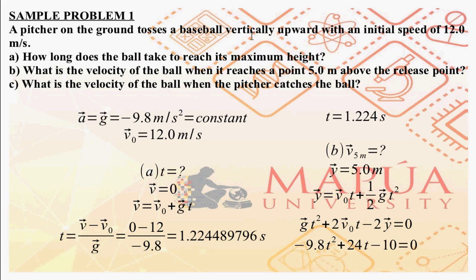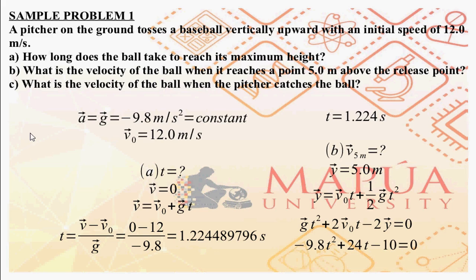The baseball is thrown vertically upward, which means the object is heading towards positive y. The initial velocity is positive 12 meters per second. Based on this information, you are asked for three things, letters A, B, and C.